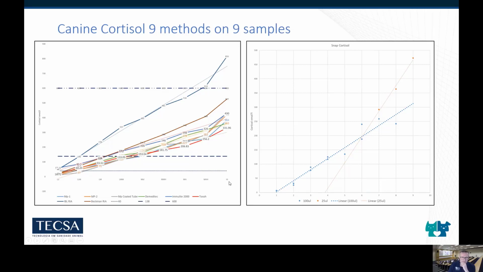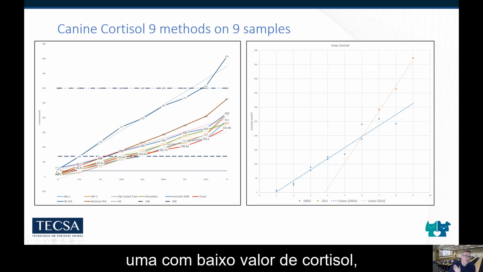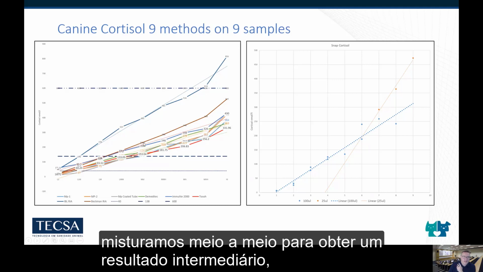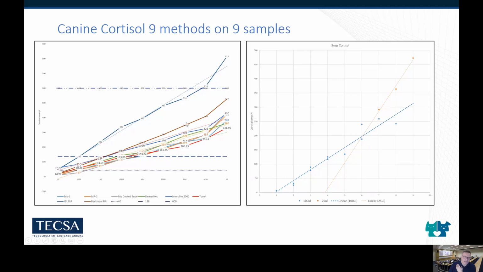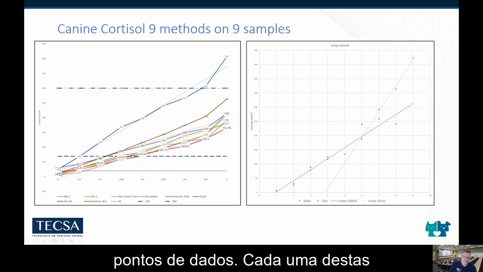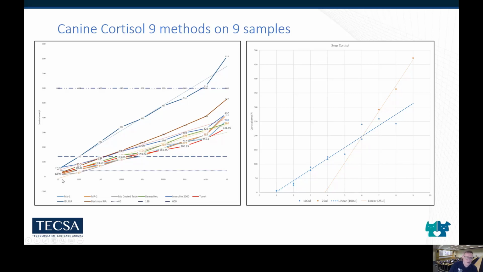This graphic on the left looks quite busy, but it's where we've taken a sample with a high cortisol value and one with a low cortisol value and mixed them 50-50 to get some results in the middle, and done that again to get 9 data points. Each of these different colored lines represents a different cortisol methodology.